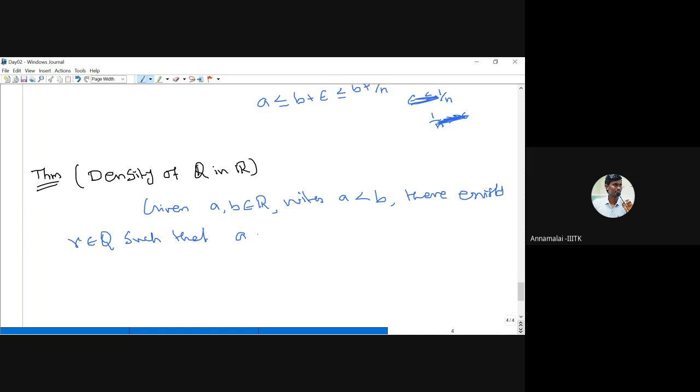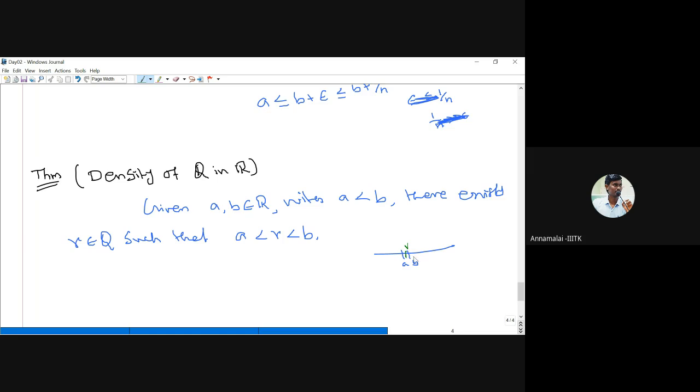That is, a is strictly less than r, strictly less than b. So this is density. Given any two real numbers, we can always find a rational number in between. If you take a very small gap between two real numbers, we can always find a rational number r in between a and b. That is the density of Q.